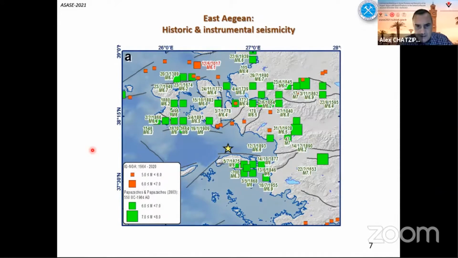Some of them are estimated, of course, especially for the older earthquakes. However, the seismicity here can produce earthquakes of magnitude 7 or even larger. So this October 30th earthquake is indeed one of the largest in the area, but it is not uncommon for the area.